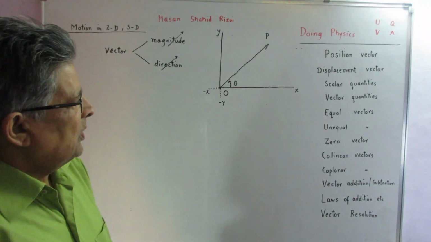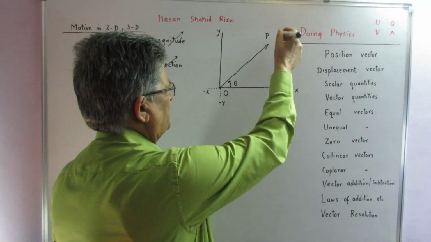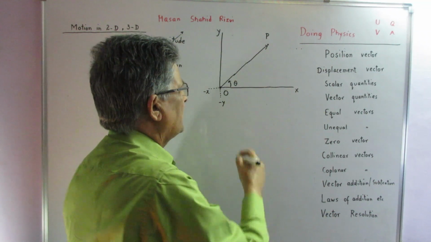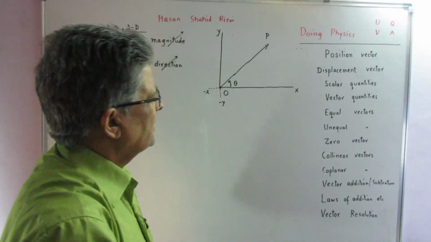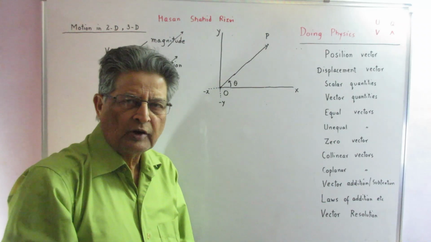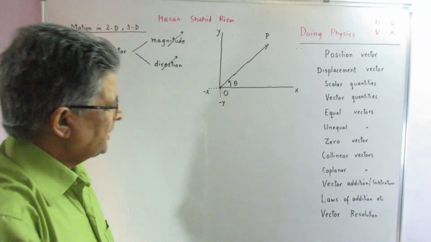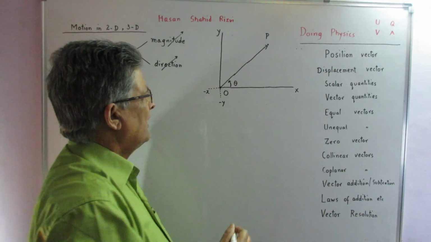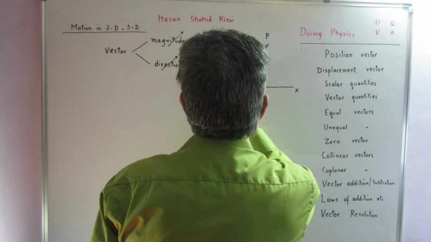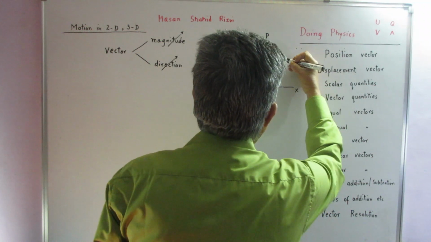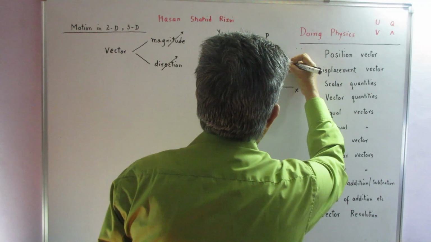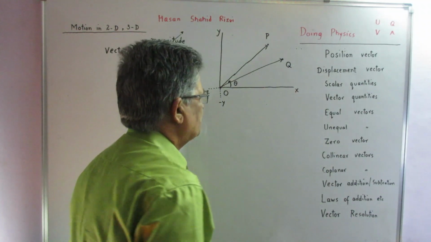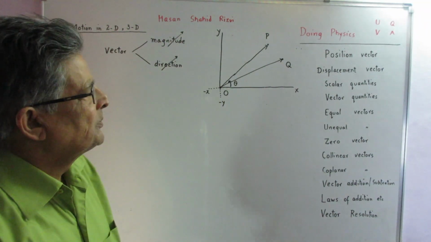So I can have various points in this space, here and here and here, anywhere, and if I connect, I know the exact position of the particle, of the body, the position P. Now suppose we have another vector here, a position vector, which we specify with the help of this line here.